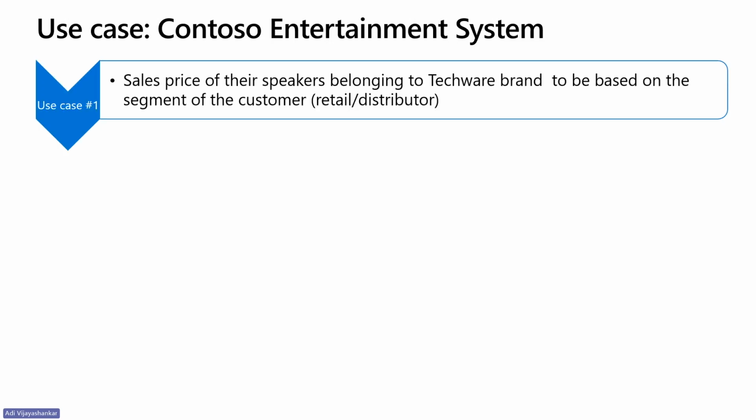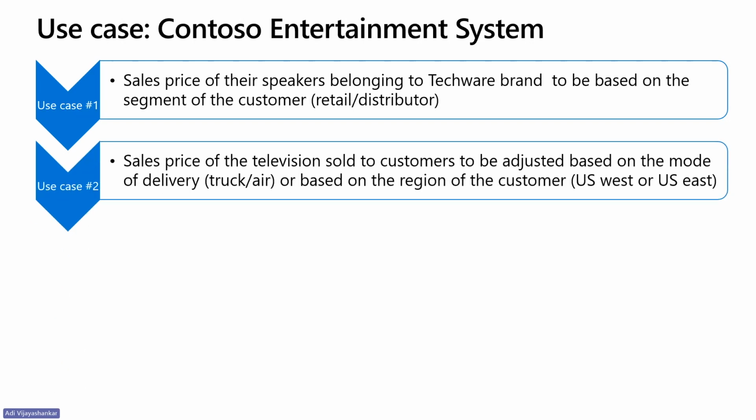Now let's go through some of the use cases of Contoso Entertainment System. Contoso would like the sales price of their speakers belonging to the Techwear brand to be based on the segment of the customer, i.e., is it a retailer or a distributor, etc. In the second use case, they would like the sales price of the television sold to customers to be adjusted based on the mode of delivery, such as truck or air, or based on the region of the customer.